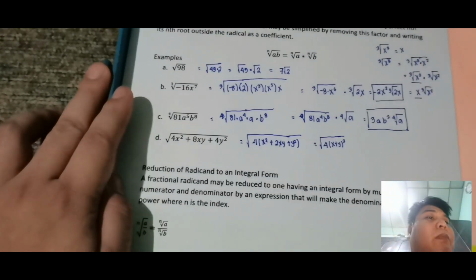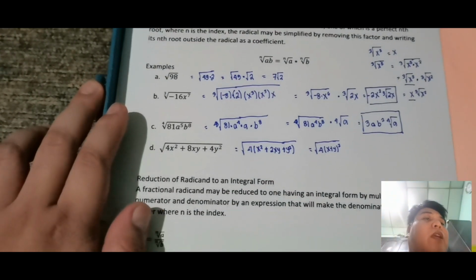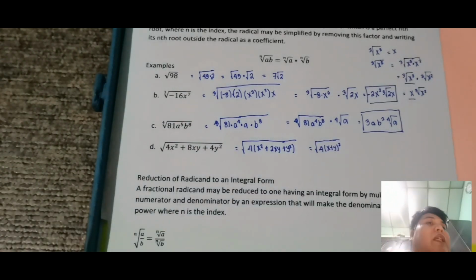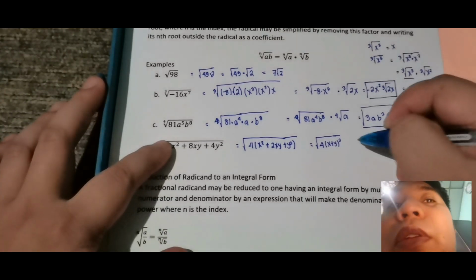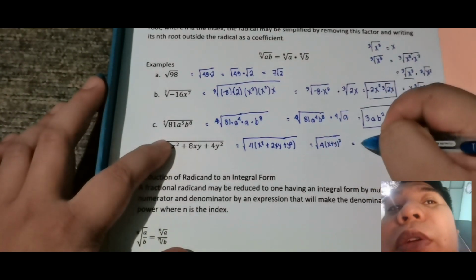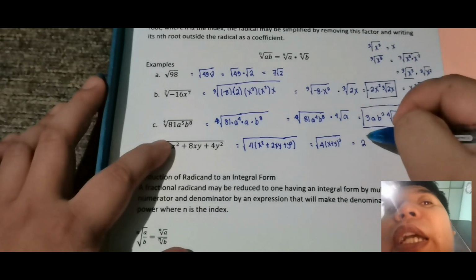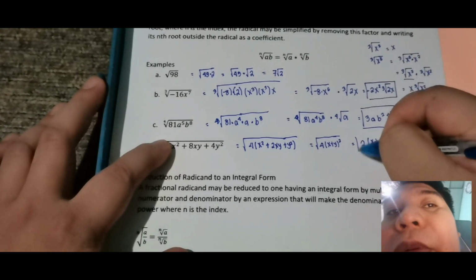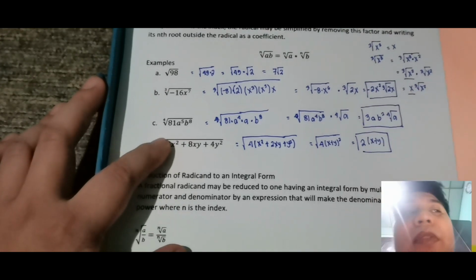If you check the factoring of a perfect square trinomial, next, you're aware that 4 is a perfect square. You're also aware that x plus y, since it is raised to 2, is also a perfect square. So therefore, what is the answer? The square root of 4 is 2. The square root of x plus y raised to 2 is x plus y. So therefore, this is the answer.